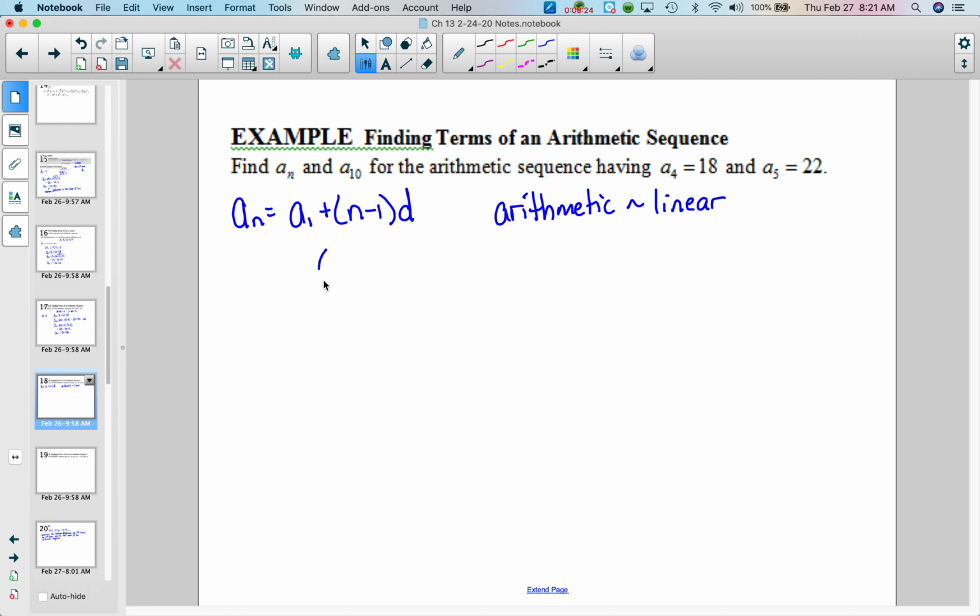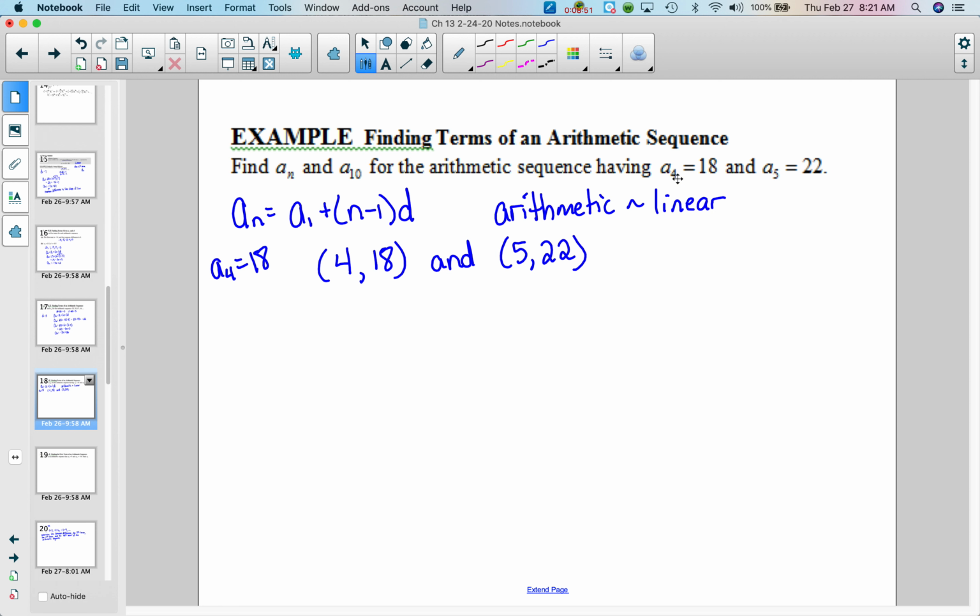Well, we know that the fourth term is equal to 18 because a sub 4 is 18. And we also know that the fifth term is 22. Now, you could have actually probably realized this just from looking at it. From the fourth term to the fifth term, you're only going up one term. And notice that you're going up 4. So the common difference has to be 4.